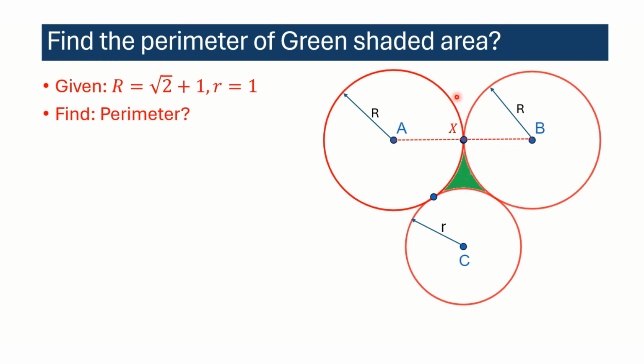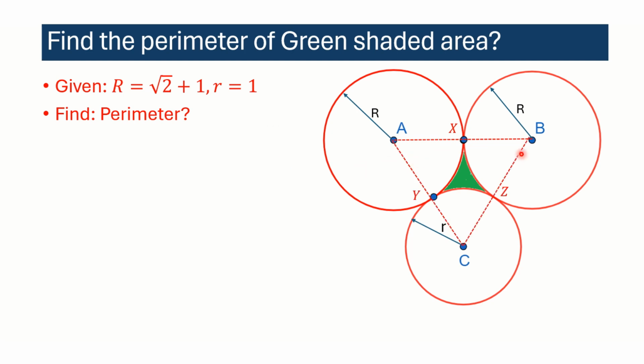So this is the common tangent, and this radius is perpendicular to this tangent. This means this angle is 90 degrees. Similarly, on this tangent, this radius is also perpendicular, so this angle is also 90 degrees. So 90 plus 90 is 180, which means there is one line. In other words, A, X and B are collinear points.